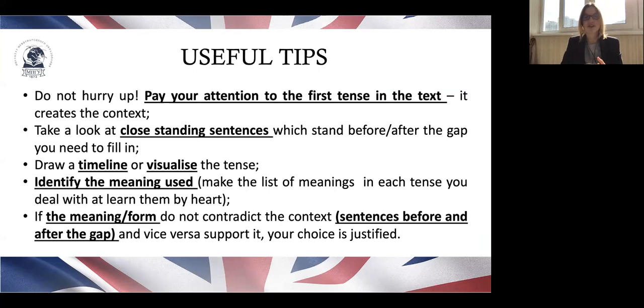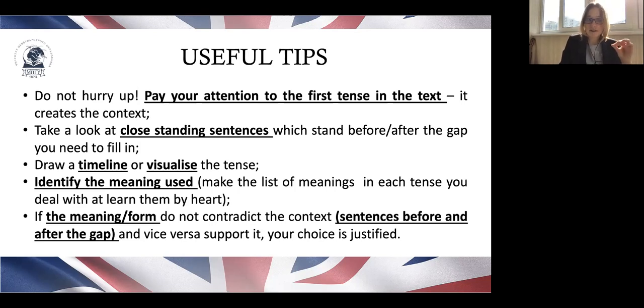Try to visualize it in your head, or perhaps if you have paper next to you, you may draw this timeline to highlight when exactly the tense takes place within this scheme, to understand whether you should use the past or the present or other tenses that we didn't speak about today, unfortunately, right? So we need to identify the tense to compare it with its meaning.